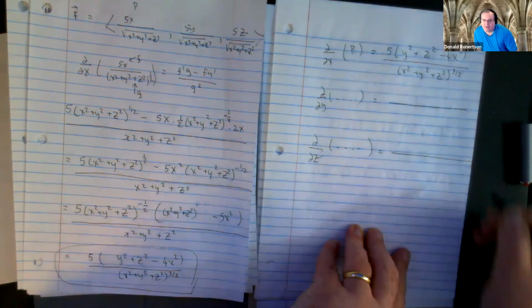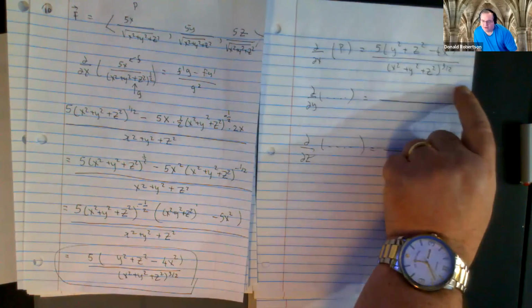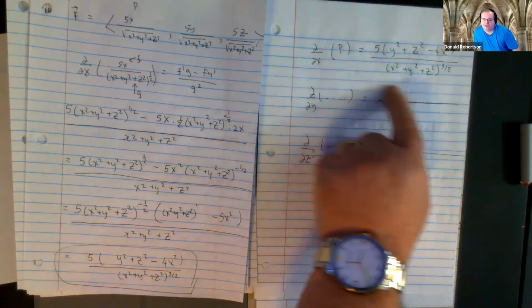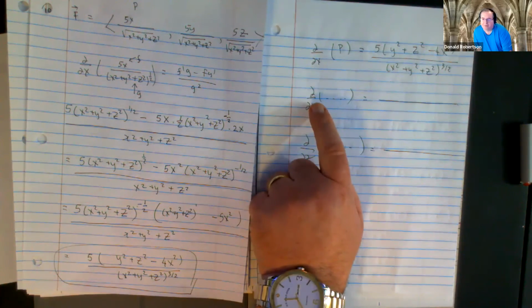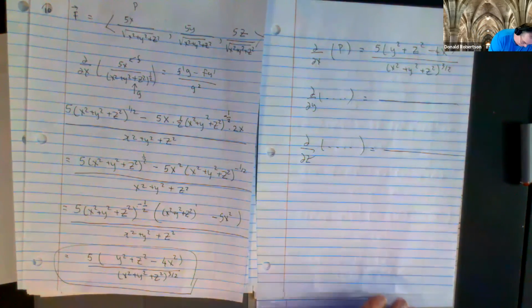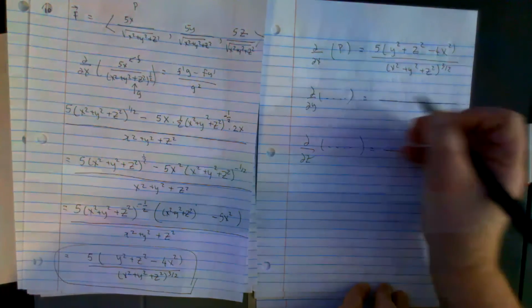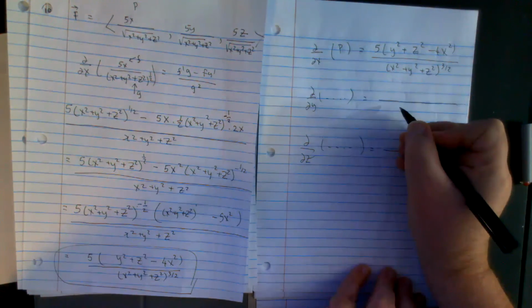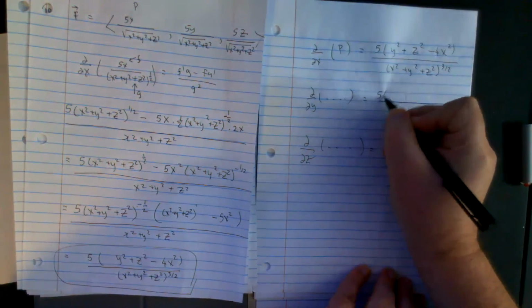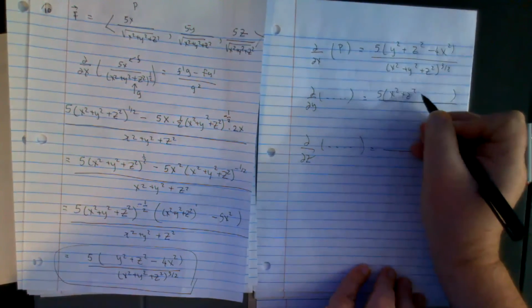If the derivative with respect to x looks like this, what will the derivative with respect to y look like? Would it be 5 times (x squared plus z squared minus 4y squared)?